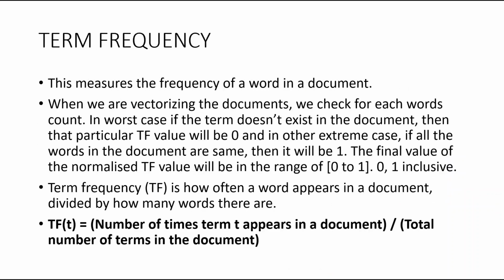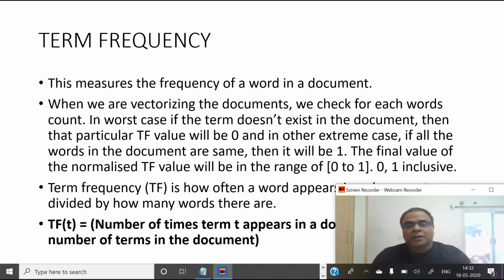Let's try to understand term frequency. This is very simple. Term frequency measures the frequency of a word in a document. When we are vectorizing the documents, we check each word's count.